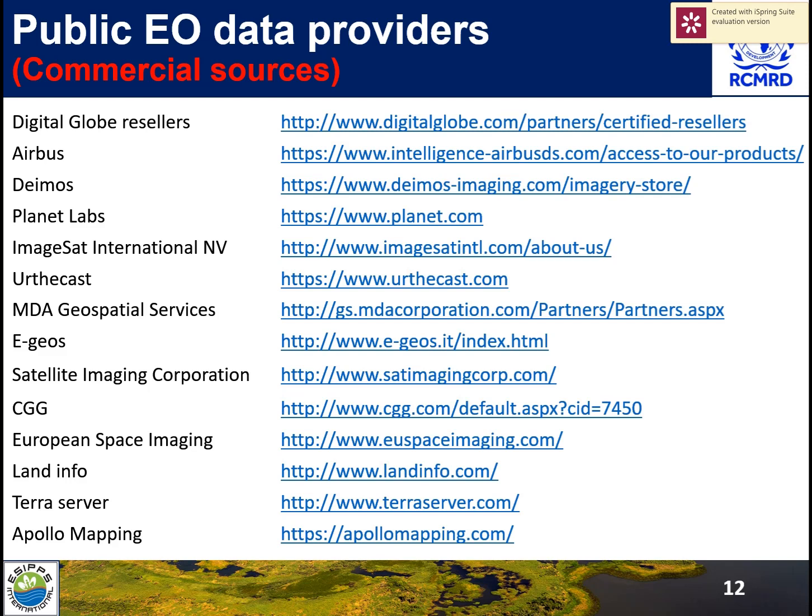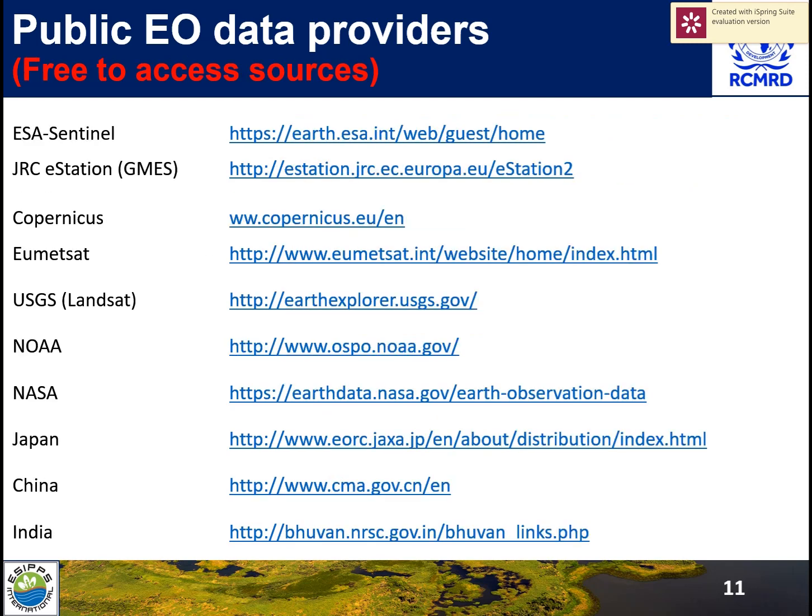But nonetheless, you should know that if you're going to conduct wetland vulnerability analysis, going with the public freely accessed sources is good enough, as we shall see in the later lessons under data processing for wetland vulnerability analysis.